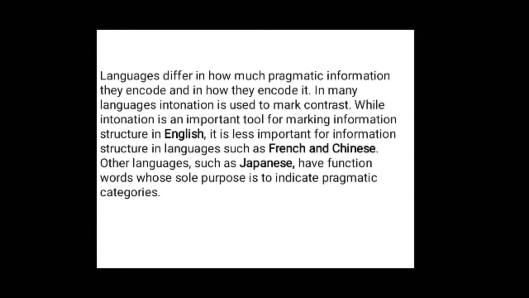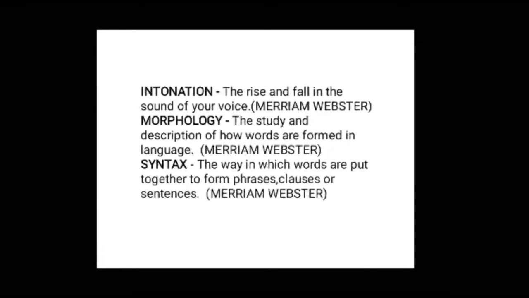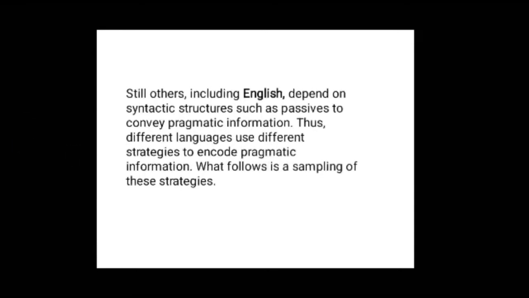Other languages such as Japanese have function words whose sole purpose is to indicate pragmatic categories. Still others, including English, depend on syntactic structures such as passives to convey pragmatic information.